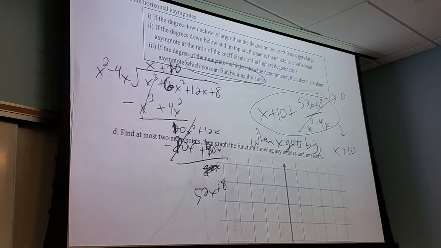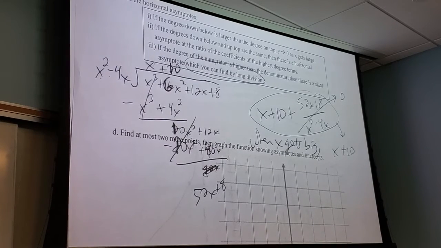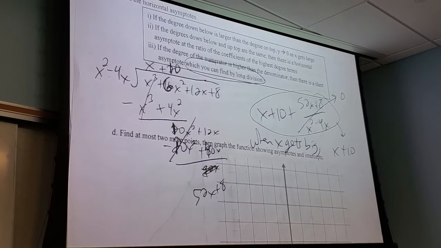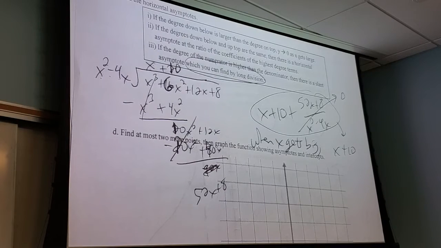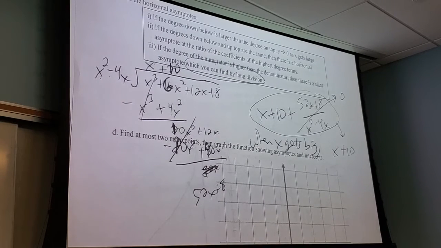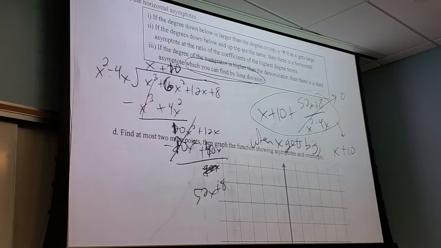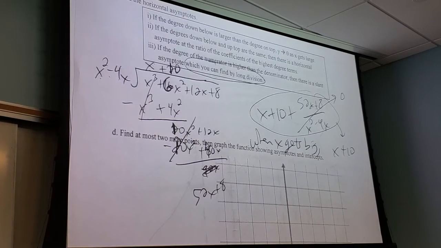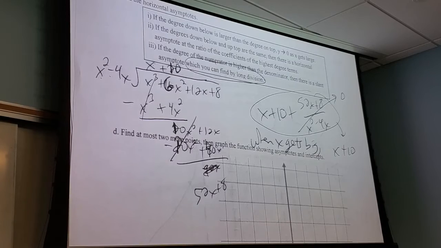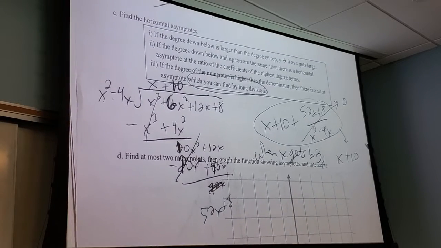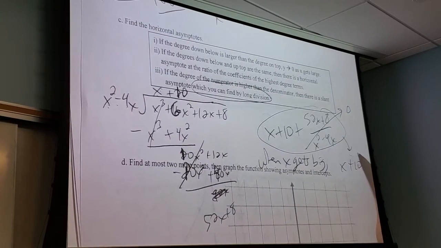So that'll be the slant asymptote. Now you see why we call it a slant asymptote, because it's a line that's got a slope to it. It's a diagonal asymptote. That's freaky. So we got a slant asymptote at x plus 10.